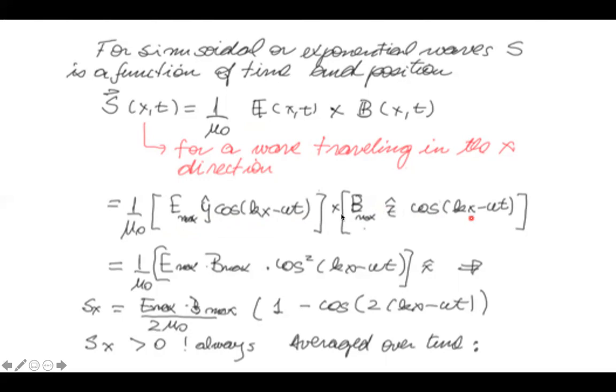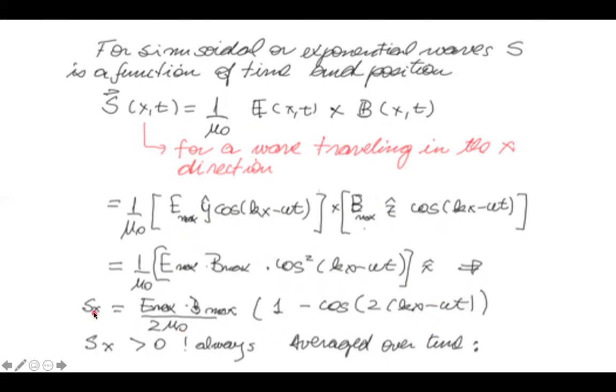The same is true for the B field, which also has the same amplitude. There's no phase difference between both because they are linked by Maxwell's equations. And if we do that square, we get this beautiful expression. And we can then make the equivalent of the cosine square. We can write it like this.